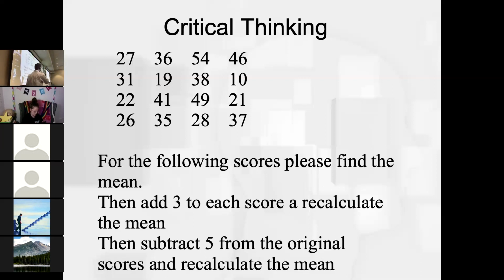So if you do something to every point, you're also doing that to the mean, right? So if you add 3 to every point, you're also adding 3 to the mean. I think it just helps to conceptualize what changing various numbers will do to your measure of the mean.